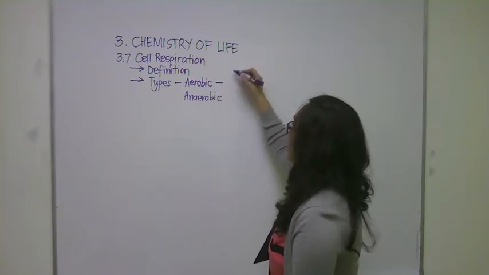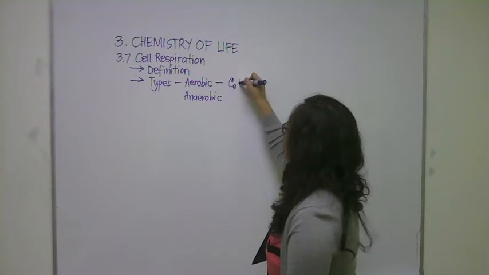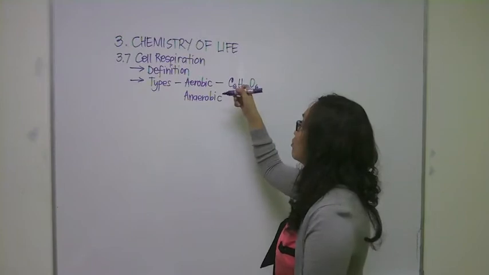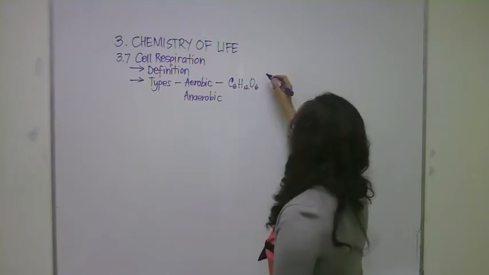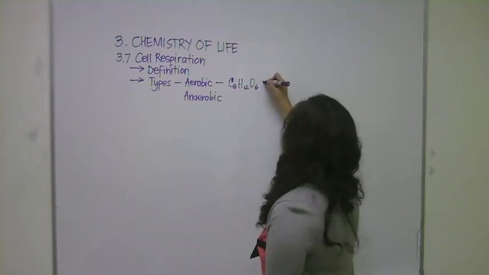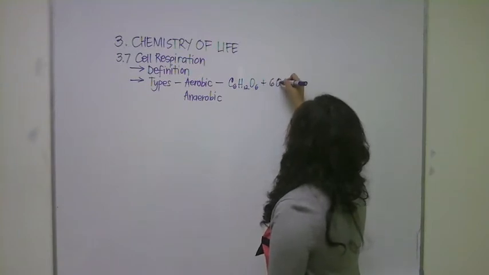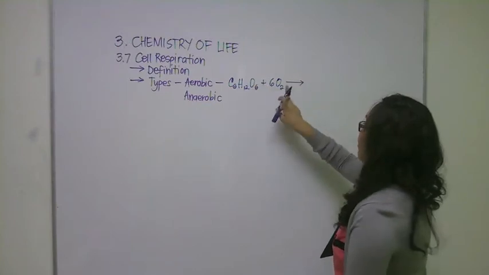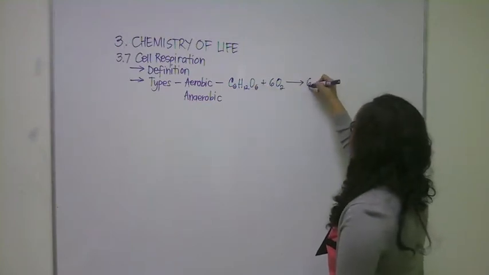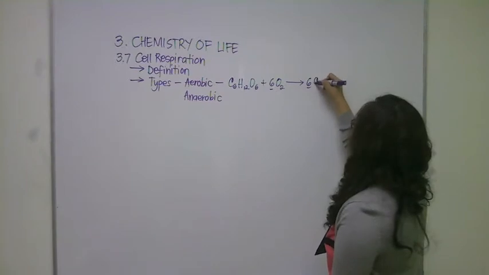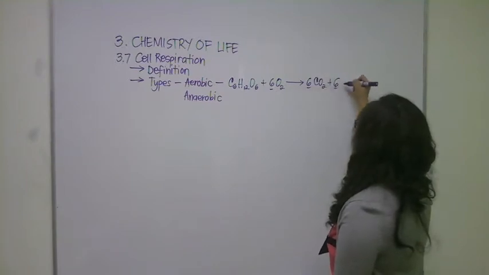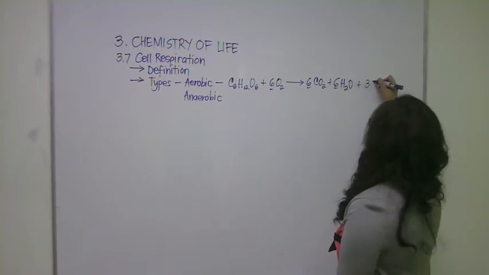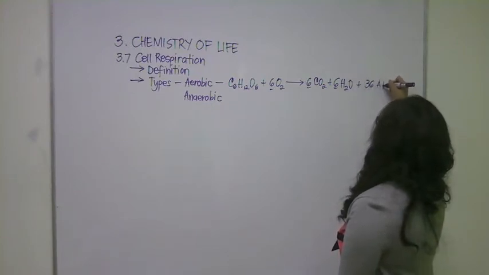Aerobic respiration uses glucose: glucose added with oxygen produces 6 molecules of carbon dioxide, 6 molecules of water, and 36 molecules of ATP.